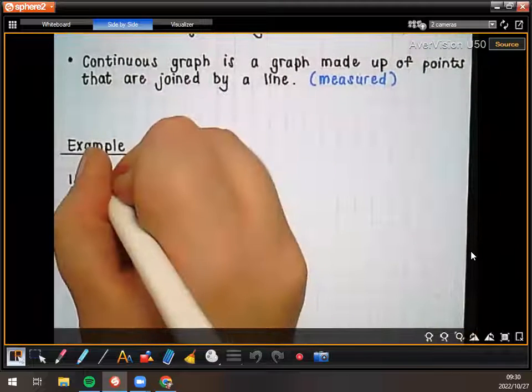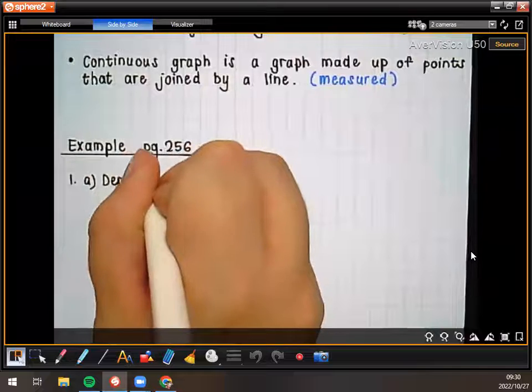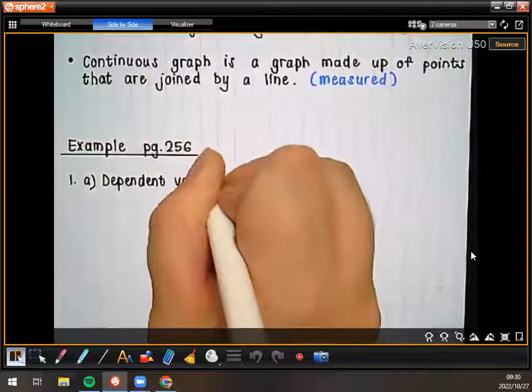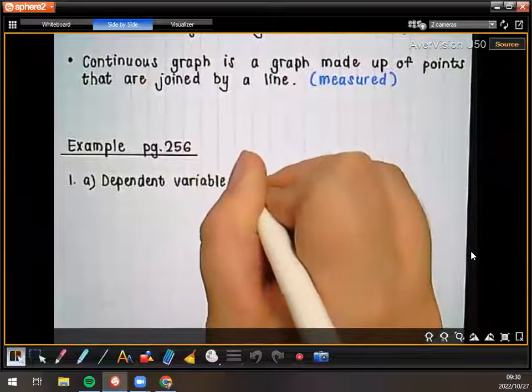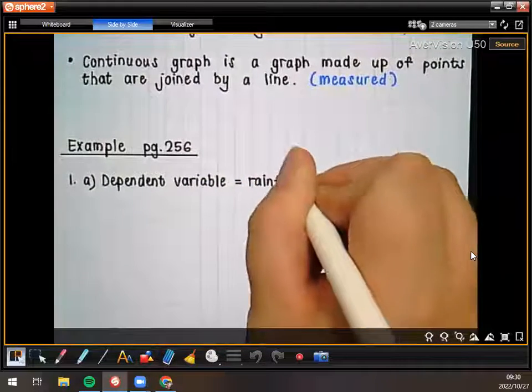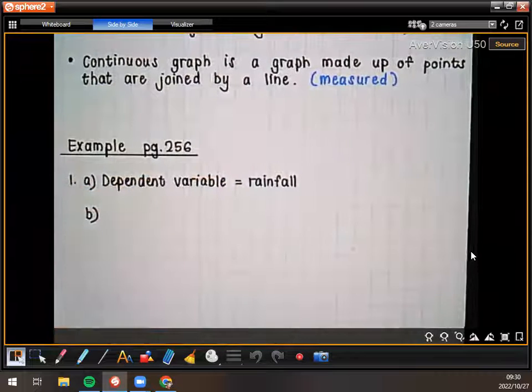I'm just going to write here, dependent variable is the rainfall. Right, B is also for the independent variable.